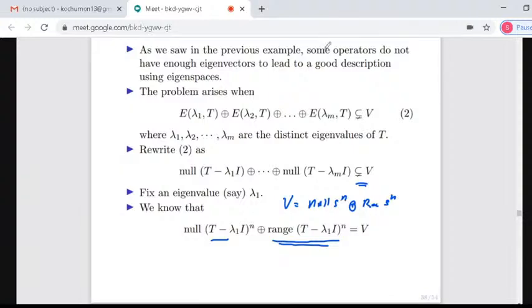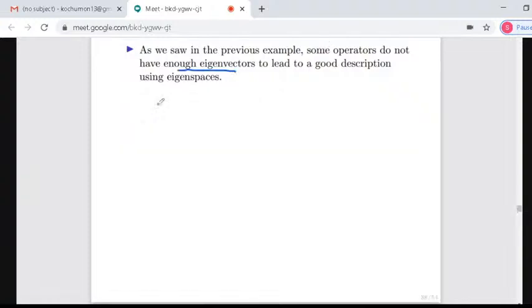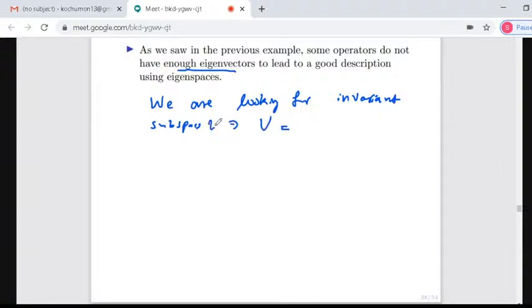So we are looking for invariant subspaces Uj such that V is equal to U1 direct sum etc. direct sum Uj. Why are we looking at that?